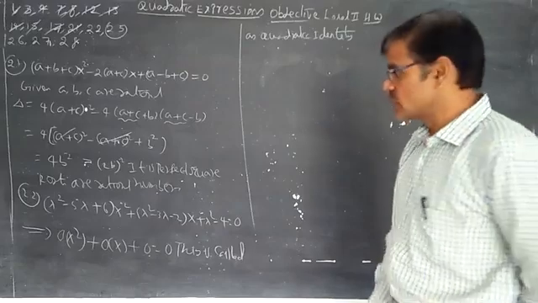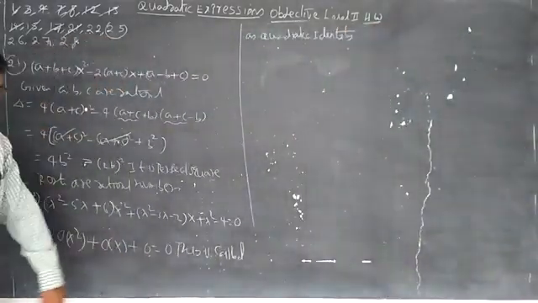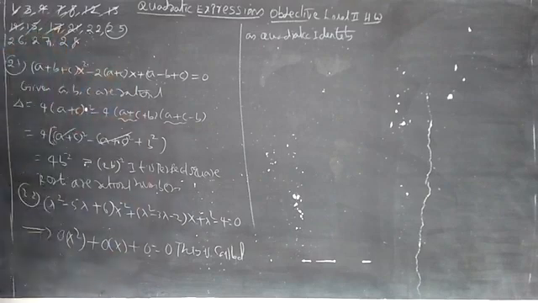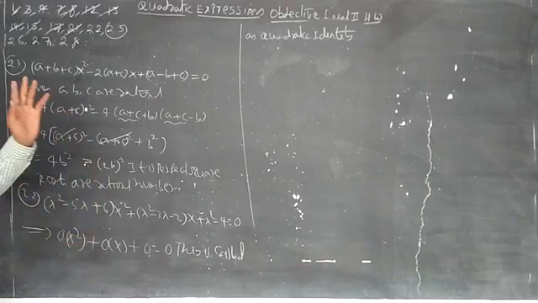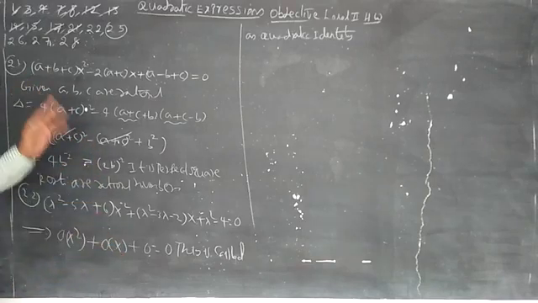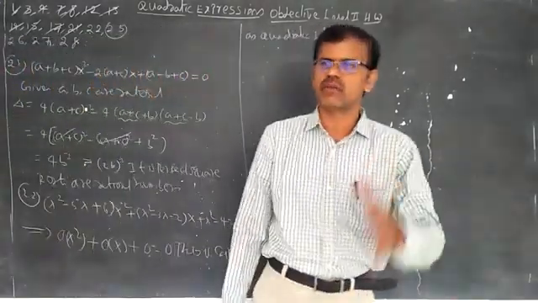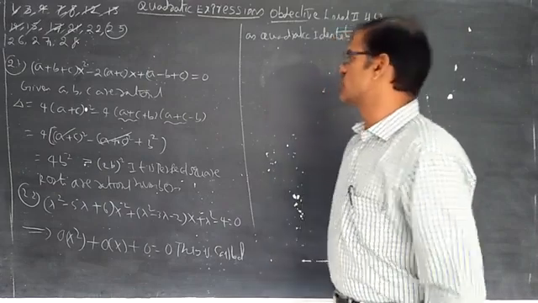Whenever it is 0, you substitute more than 2, more than 3, any value. 0 into 1 lakh whole square, or 0 into 1 crore, or any number, even complex numbers, nothing will happen because 0 into anything is 0.